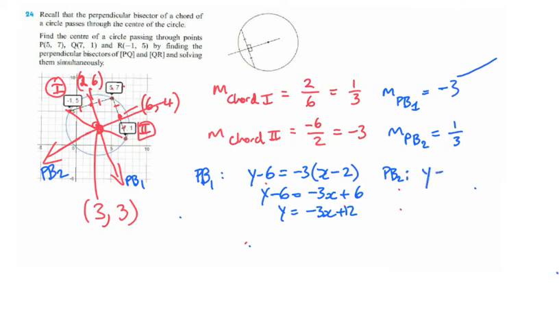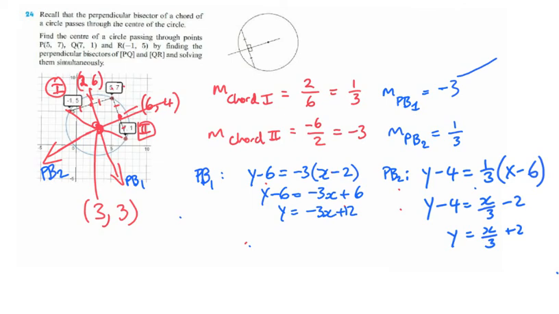Y take away 4, the y coordinate of the point that we know is on the line, equals 1/3. X take away 6, the x coordinate of the point that we know is on the line. Let's make it look pretty again. Y minus 4 equals x over 3 minus 2, since 1/3 of 6 is 2. I'm going to add 4 to each side, so y equals x over 3 plus 2.